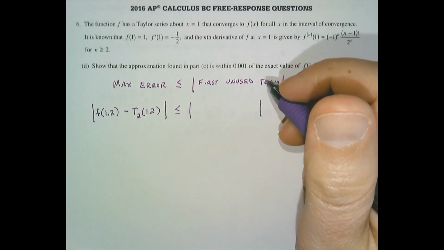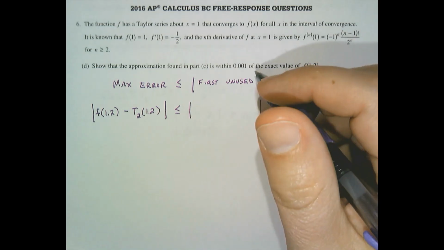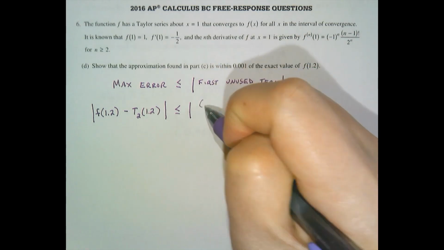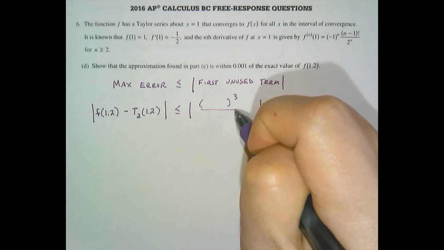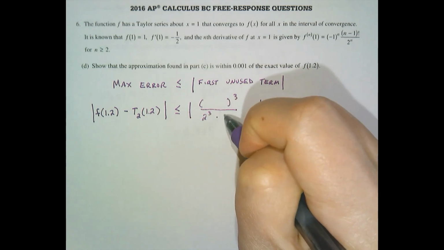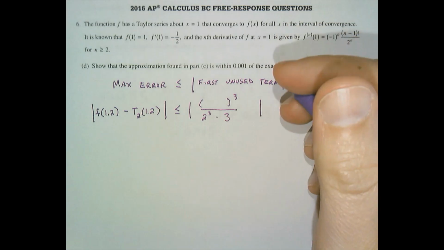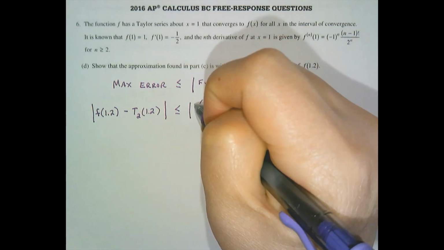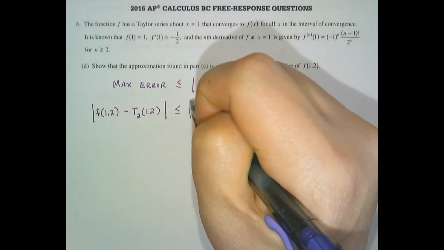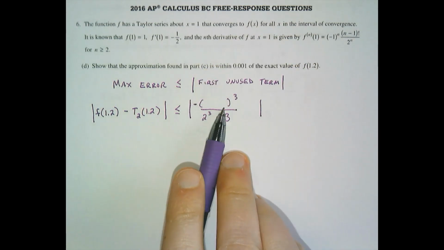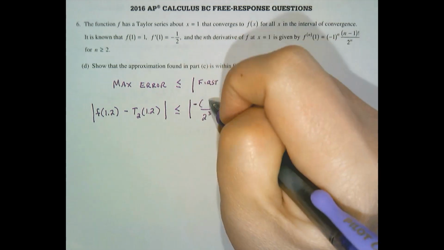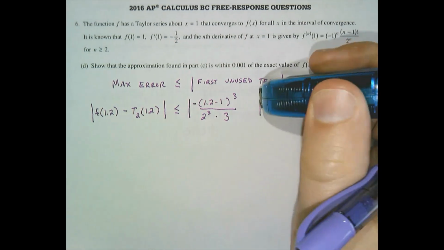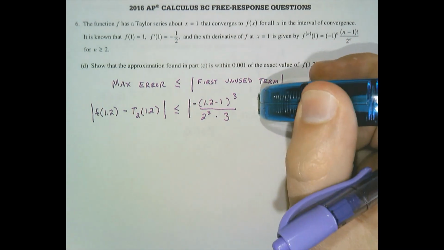And if we consult our previous work, the first unused term was the x minus 1 to the third power over 2 to the third times 3. Make sure I got that right. There is a negative in there technically. Okay, so the x minus 1, in our case, we're looking at 1.2, so we can write 1.2 subtract 1.